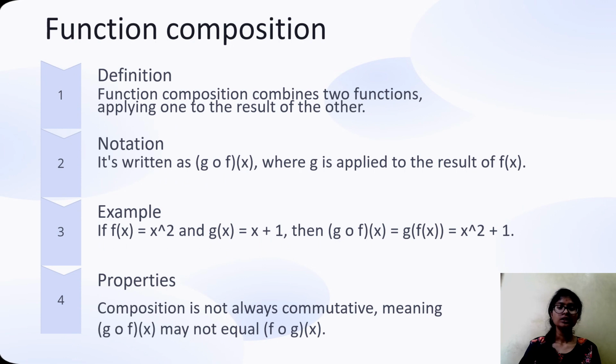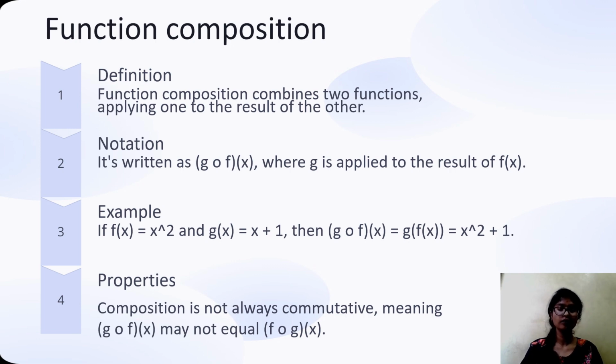So, what is function composition? Basically, function composition combines two functions, applying one to the result of the other, and it is written as g of f of x, where g is applied to the result of f of x.